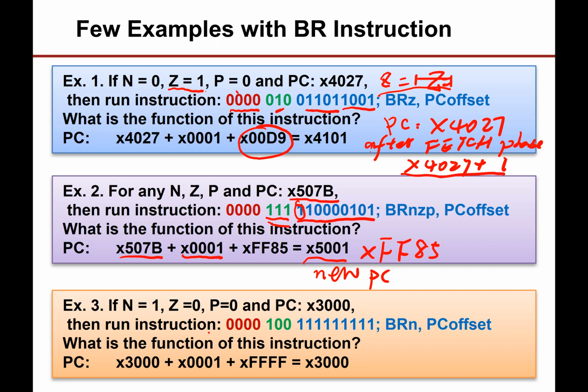So let's see the instruction. The lowercase n is 1. Okay, so this means the instruction wants to test the condition that the value is negative or not.